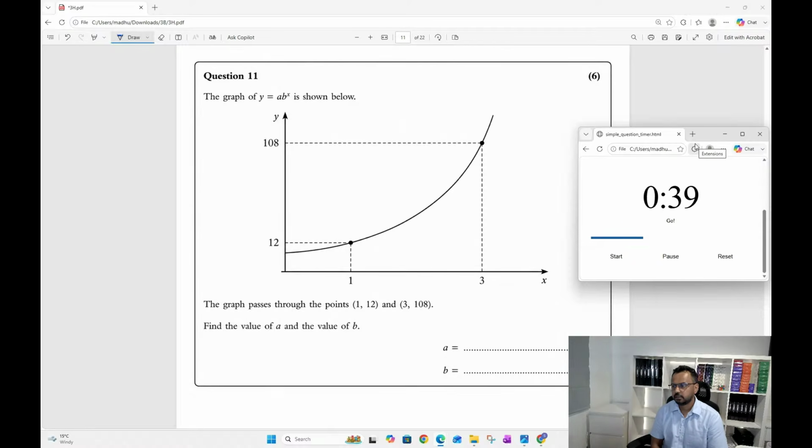Good, good, good. No, John, it's not further maths. This is GCSE maths, no more.